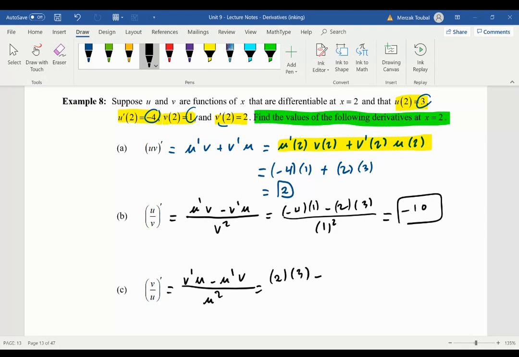U prime at 2 is -4. V at 2 is 1. All divided by u at 2, which is 3, squared. So 6 plus 4, 10. 10 over 9.